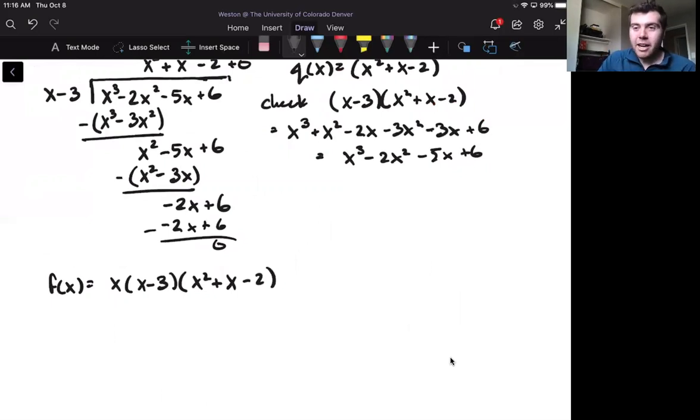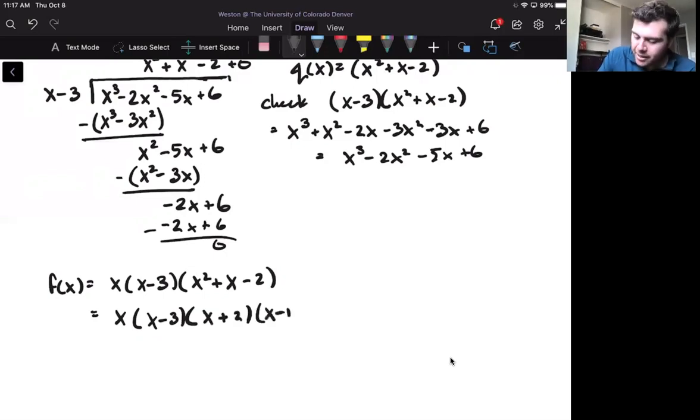And now that we have a quadratic, we can just factor that quadratic. This is actually a pretty quick one using that diamond method. We get x plus 2 times x minus 1.